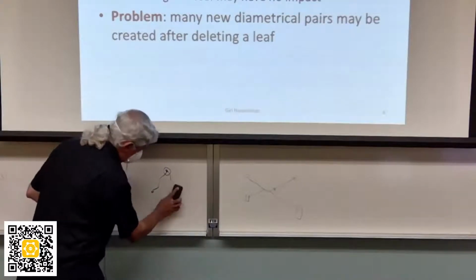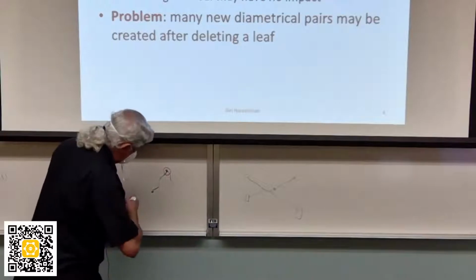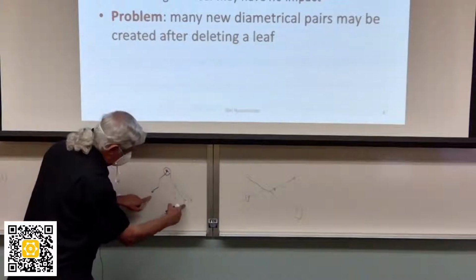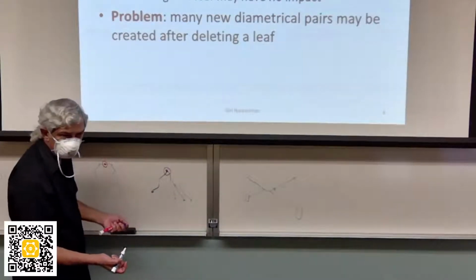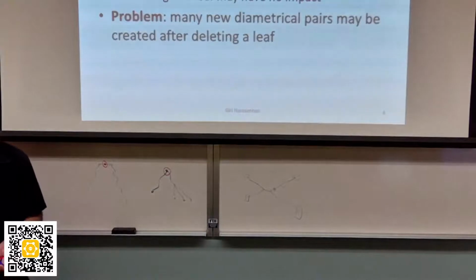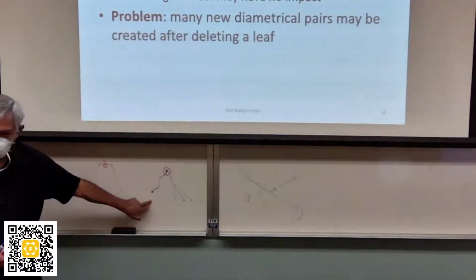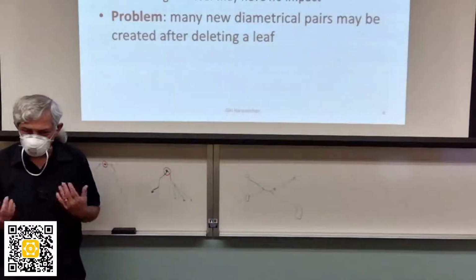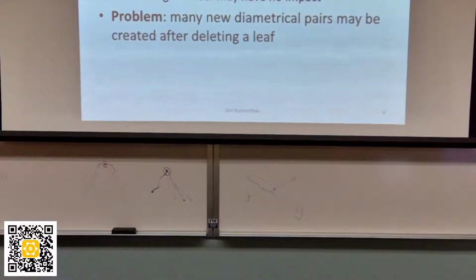Because if let's say that there are multiple vertices, all of these pairs form diameters, which one are you going to delete? The one on the left, right? Because if I delete this, it's going to impact every pair, and so I could reduce the diameter.